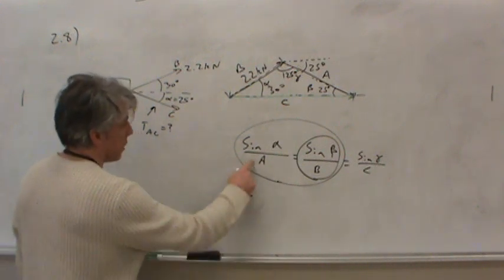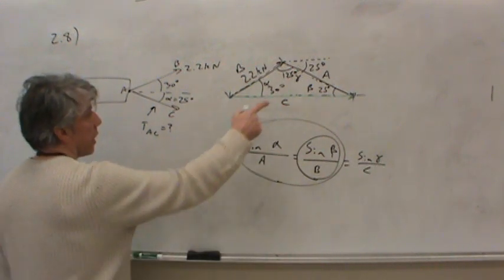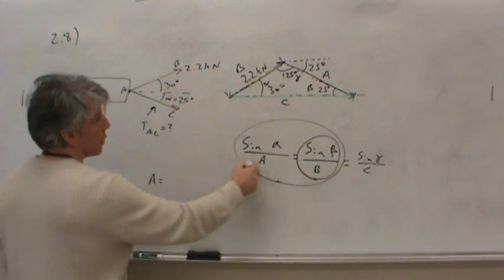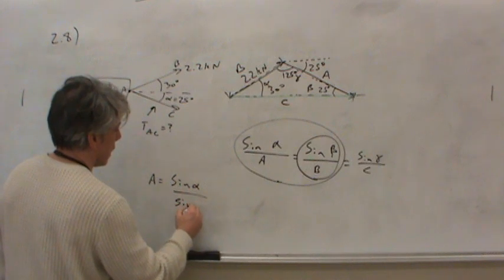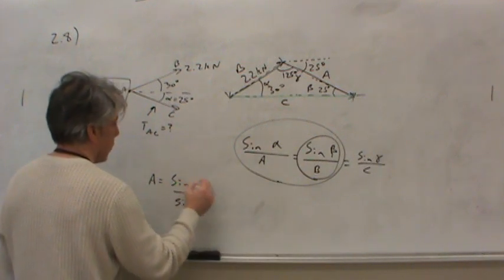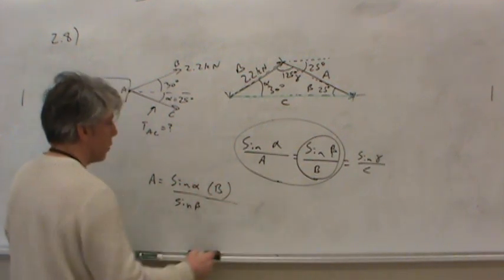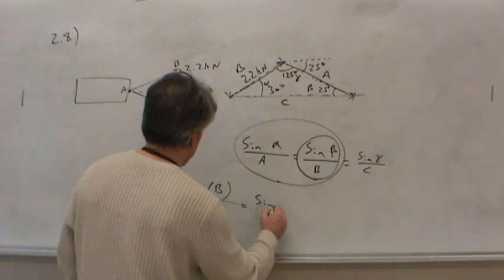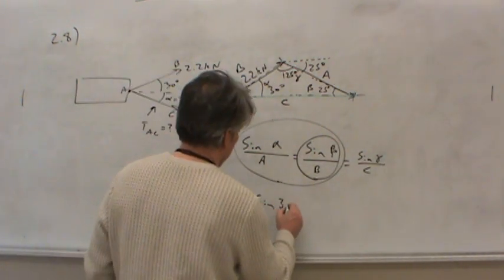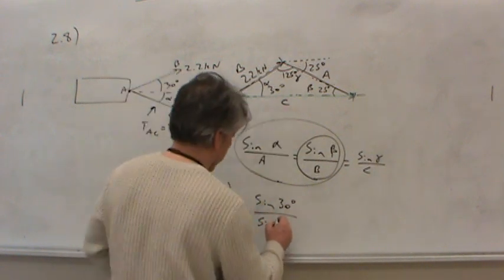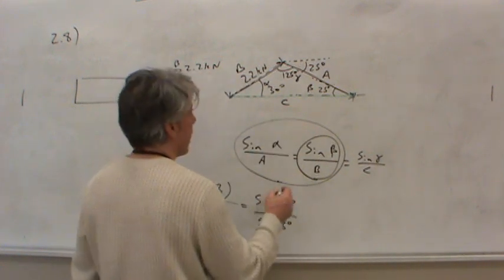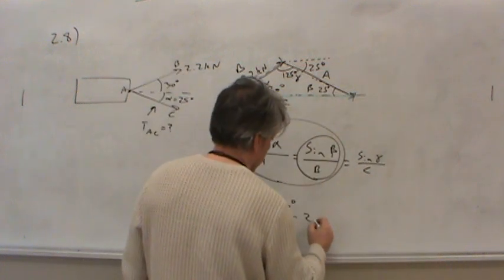So the length A that we want is equal to sine of alpha over sine of beta, multiplied by B. So we need sine of alpha, alpha is 30 degrees, over sine of beta, beta is 25 degrees, multiplied by length B, and length B is 2.2 kilonewtons.